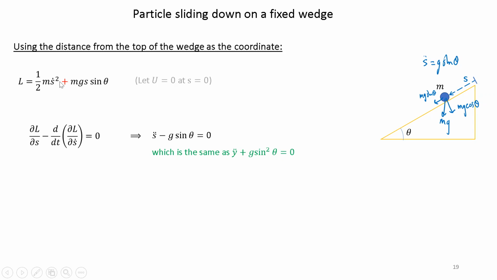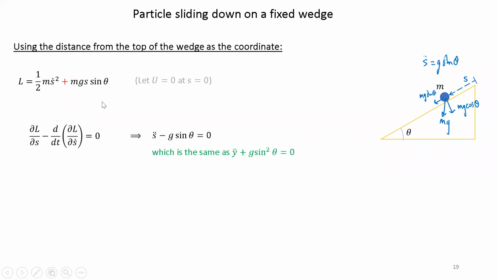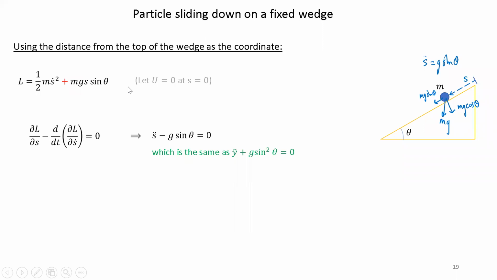Be careful about this sign over here. This minus sign is because now we define the distance from the top to the lower. Before that, I defined the distance from below to up, so when you write your potential energy it will be off by a minus sign.